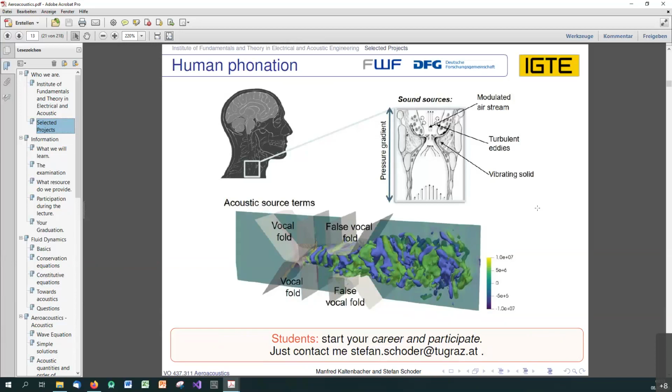And afterwards, can we just assume a normal filter that simulates the part of the vocal tract? Is this enough, or why do we have to do such FEM simulations?